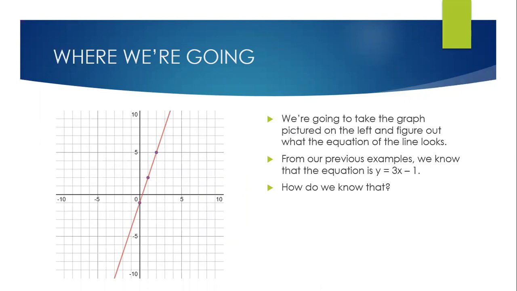Instead of going from an equation to a graph, we're going to go from a graph to an equation. So we're going to take a picture and turn it back into a line. So we know that is 3x minus 1, but now we're going to walk through how we know that.